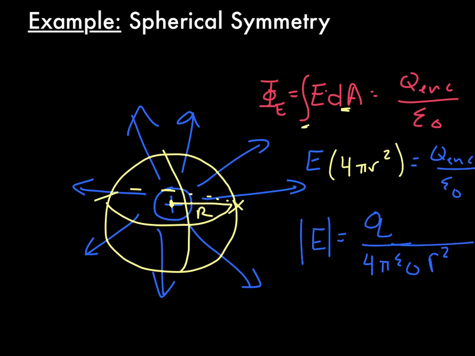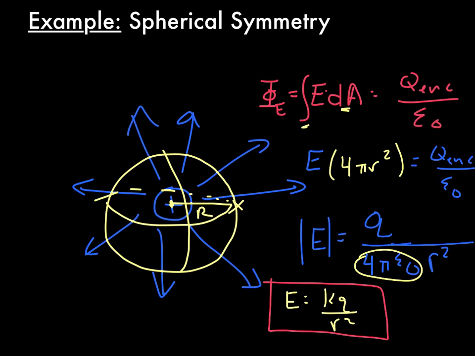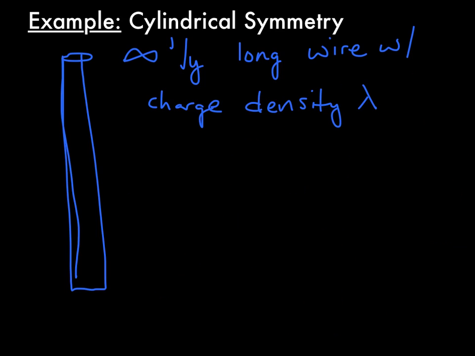And if you remember 1 over 4 pi epsilon naught, this says that E equals KQ over r squared, which is exactly what we got before. And the final piece of this is that your electric field is a vector, so you have to look at which way these are pointing. Well, they're pointing radially outward, which is r hat.